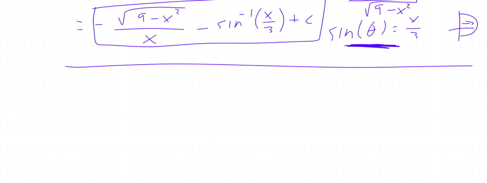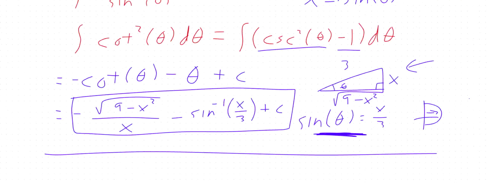All right, let's try another one. And by the way, the reason we did that is since we're going to take an arc sine of this, keep in mind where your arc functions are defined.